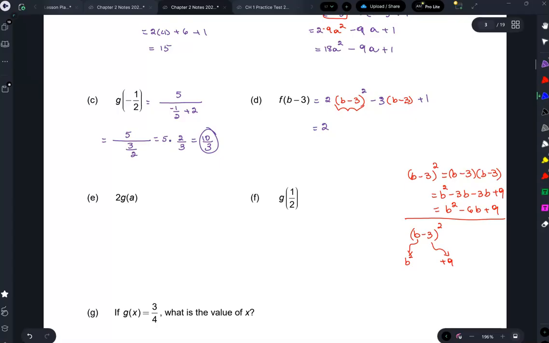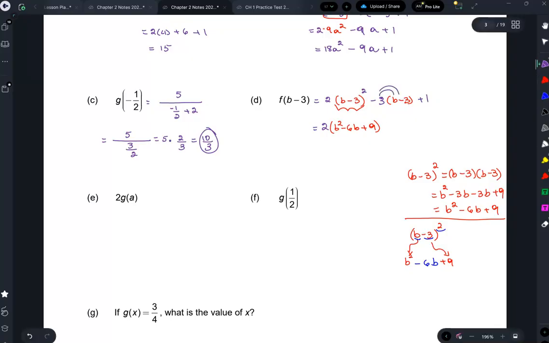Then you do b times negative 3, times 2. Negative 3b times 2, negative 6b. So regardless, this is going to be b squared minus 6b plus 9.